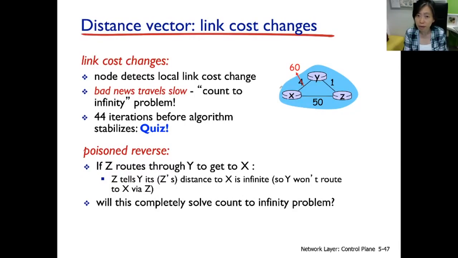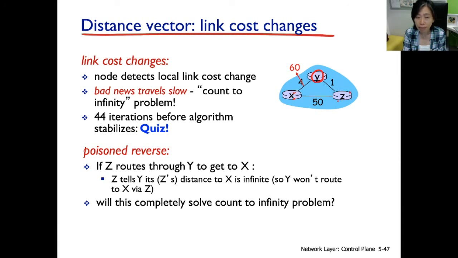The problem here is, right after the link cost change, when y is trying to recompute the best route to x, the Bellman-Ford algorithm says y needs to calculate the total cost through neighbor x and neighbor z.